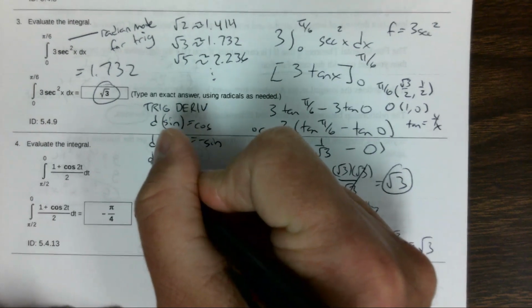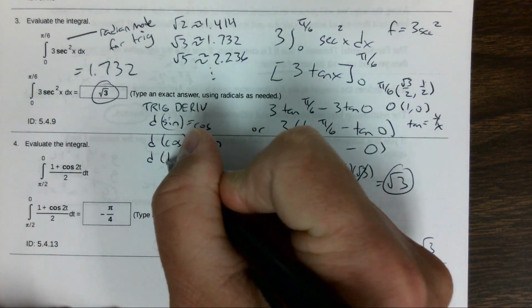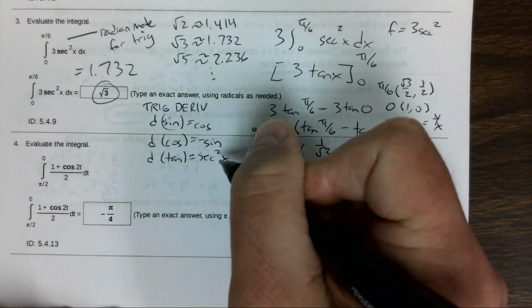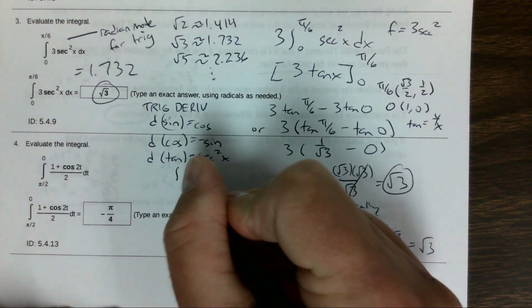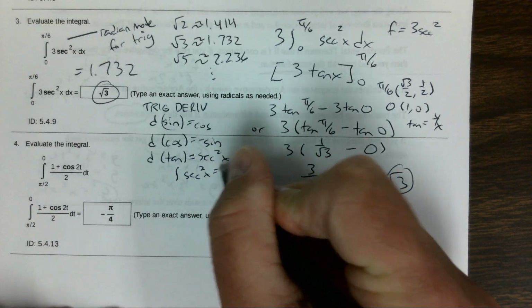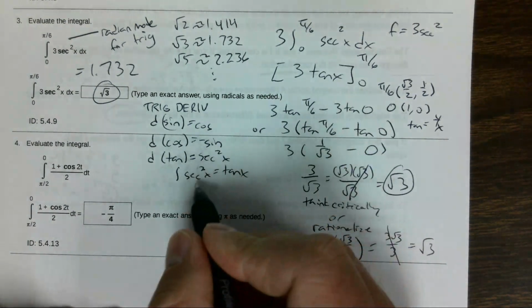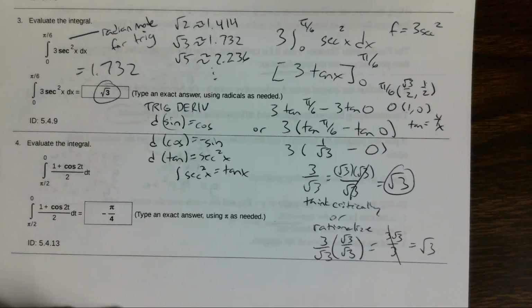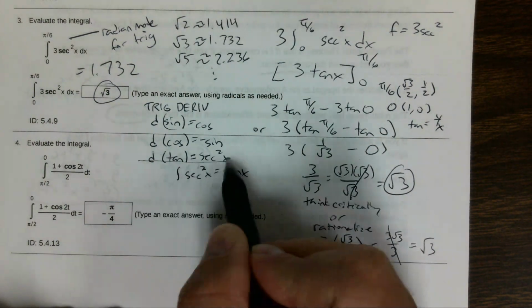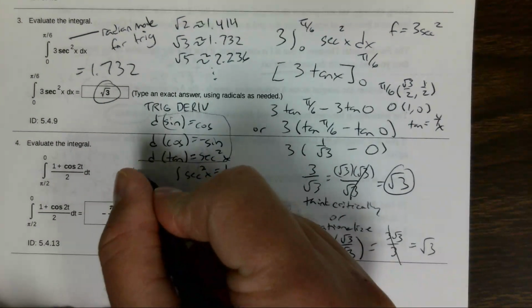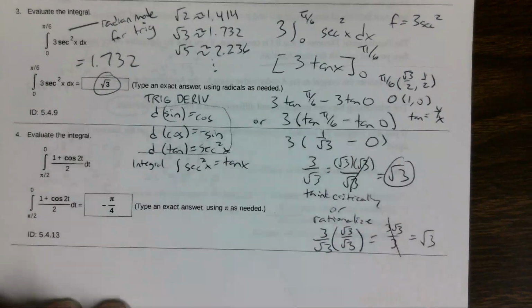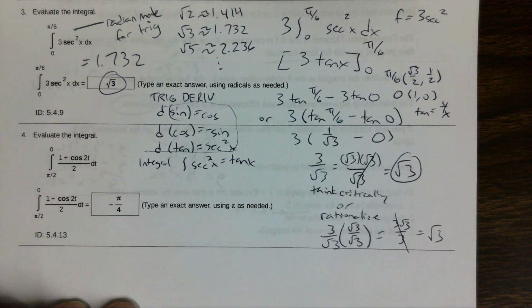If you do the derivative of tangent, then you get secant squared. So that means if you're doing the integral of secant squared, then you get tangent. So that's how all this is related. So the first 3 are derivatives, and this is an integral. So if you're going the other direction. Okay.